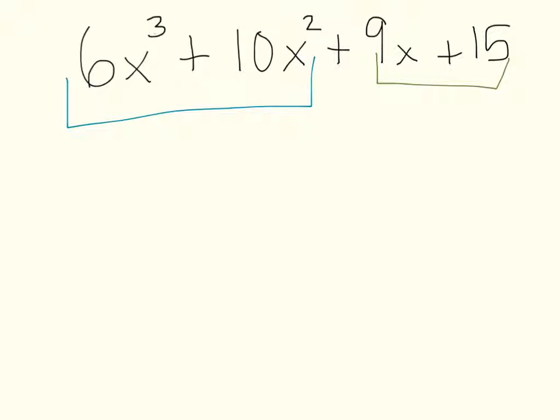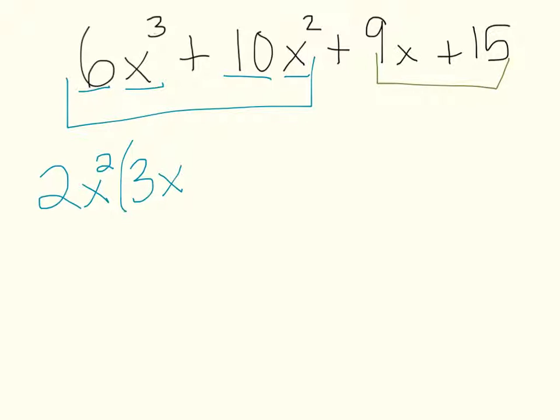terms together. And what we're looking for is their greatest common factor. So out of 6 and 10, the greatest common factor is a 2. And out of x cubed and x squared, they both have an x squared in common. So let's see what I would have left. I would have a 3 and an x.